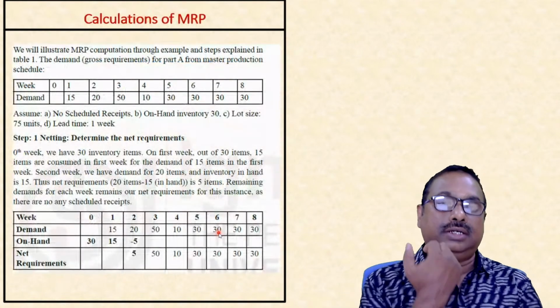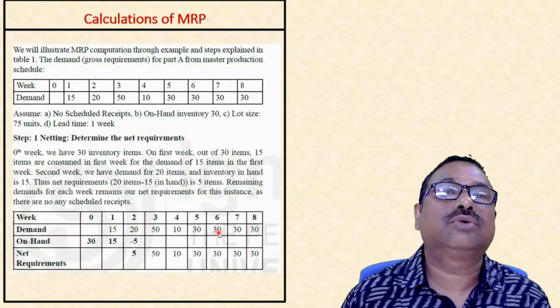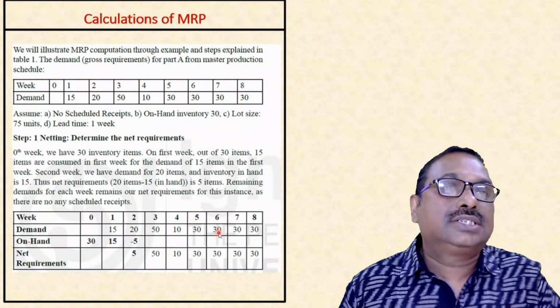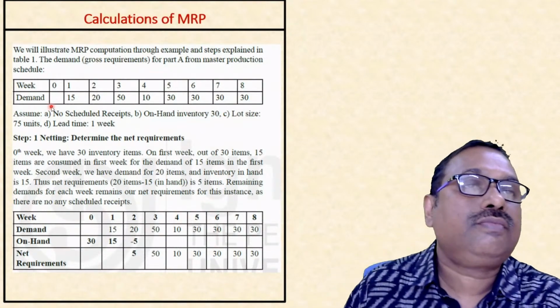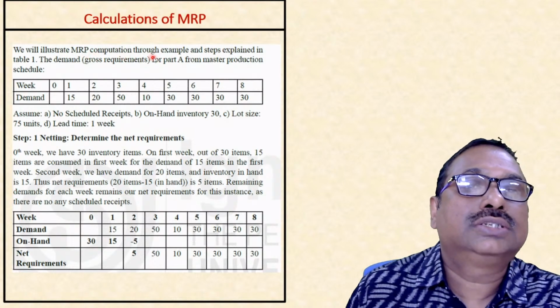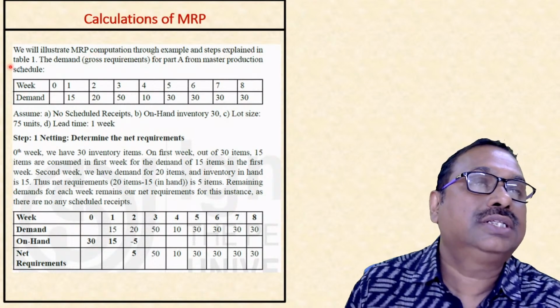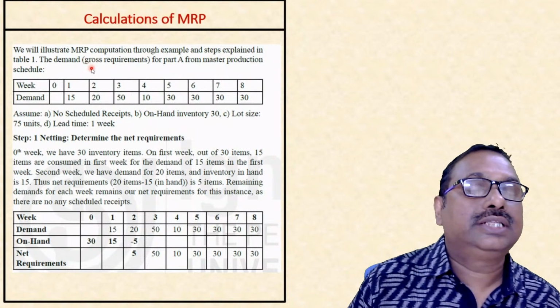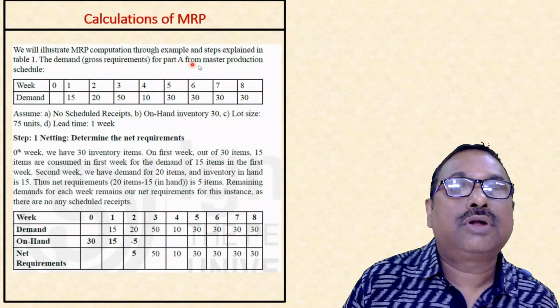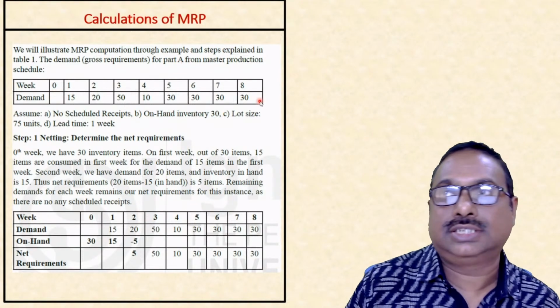Now we'll see how to calculate this material requirement plan. We have an example. Material requirement planning computations through examples and steps are expressed in table 1. The demand, that means the gross requirement for a part A from master production schedule, is this.